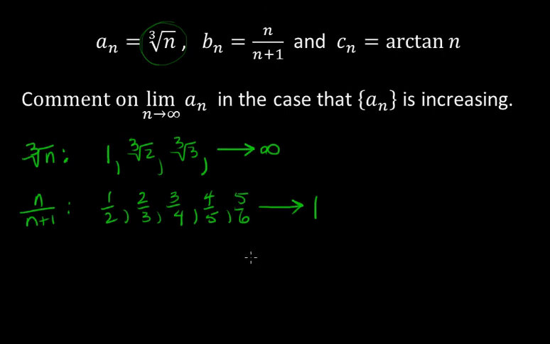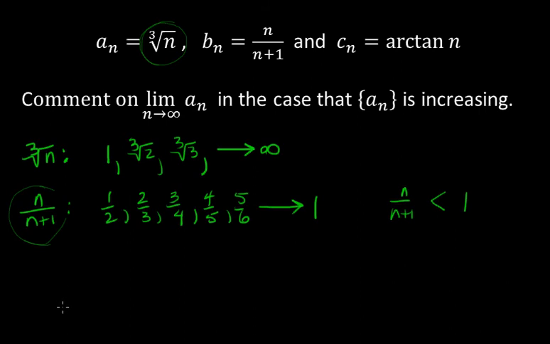But it is an increasing monotonic sequence, and it either will have to diverge or it will have to converge. Notice that this sequence is bounded. n over n plus 1 is less than 1, or we could say less than 10. But it is bounded above, and it is increasing, and it converges to 1.